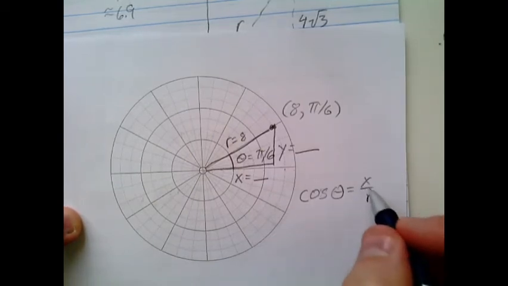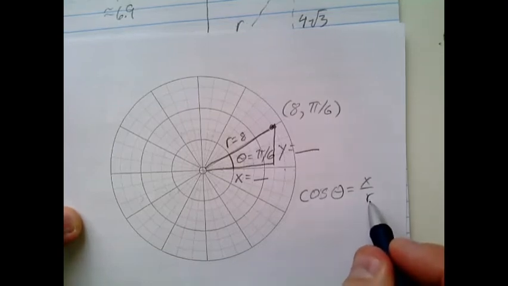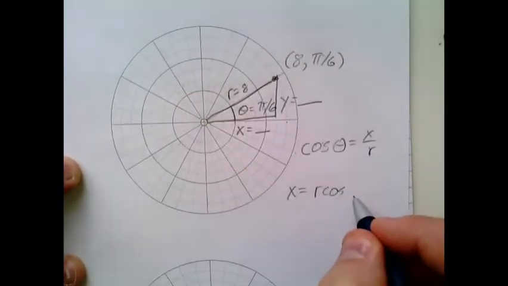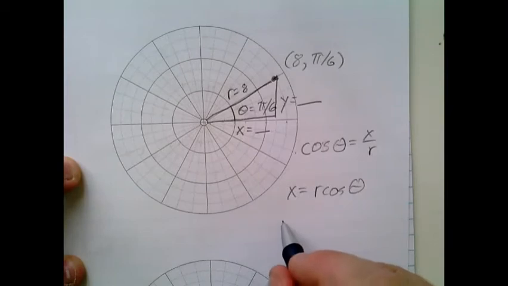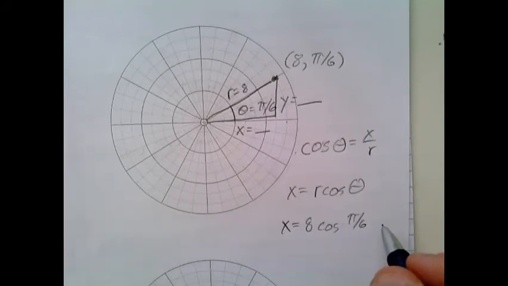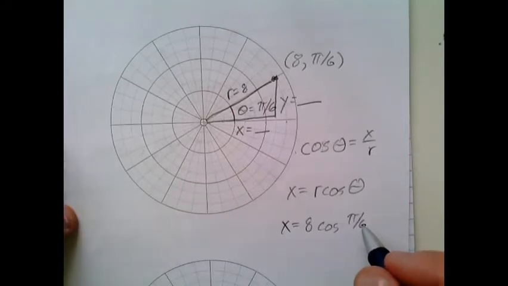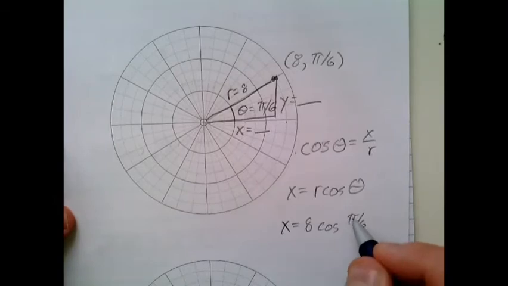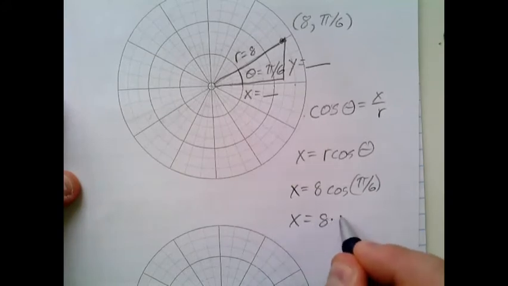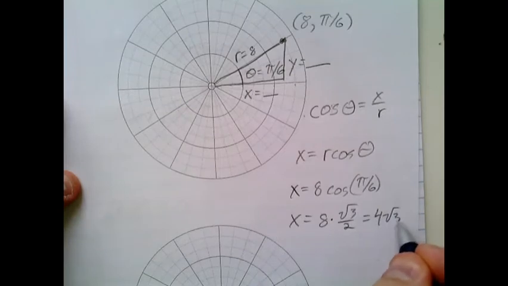Now I'm trying to find x, so it makes sense to solve that for x. So I'll put the r up here with the cosine. I'll say that x equals r cosine theta. But r is 8, and theta is pi over 6. Cosine of pi over 6 is square root of 3 over 2. So x equals 8 times the square root of 3 over 2. So that would be 4 square root 3.